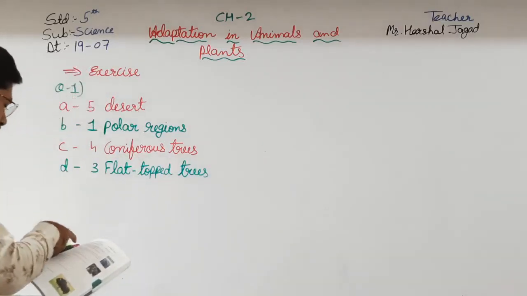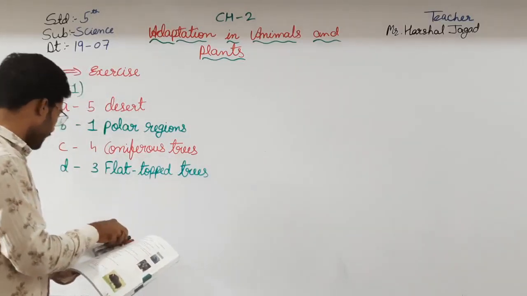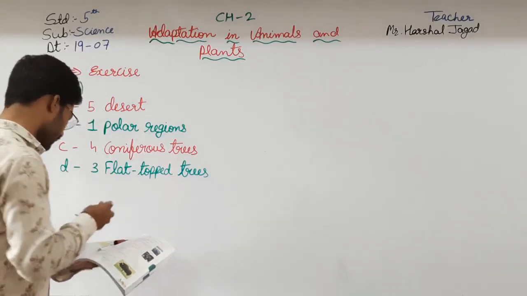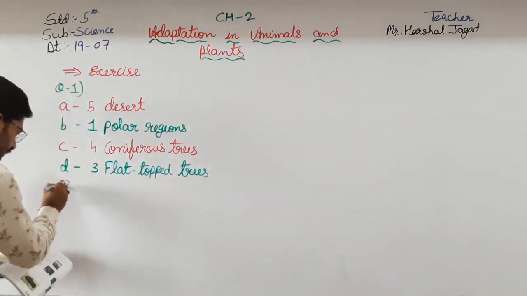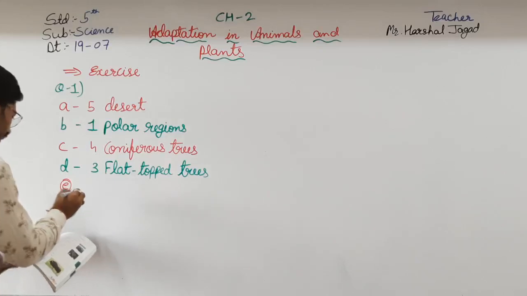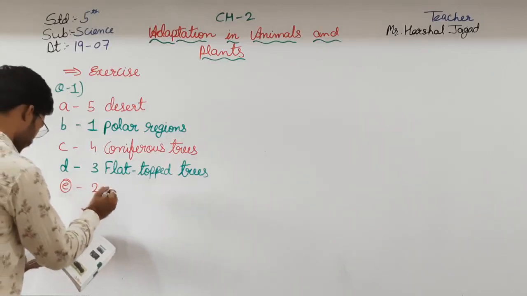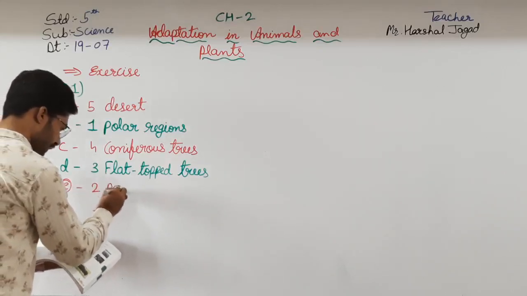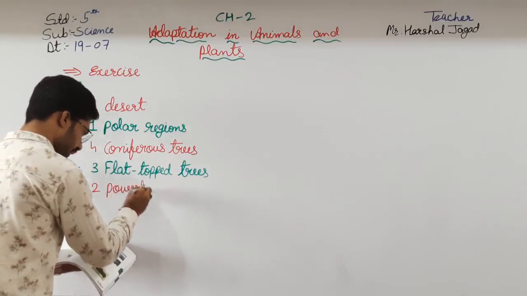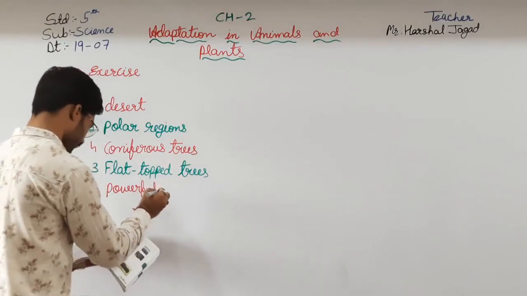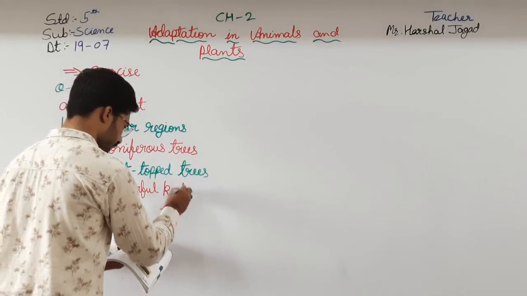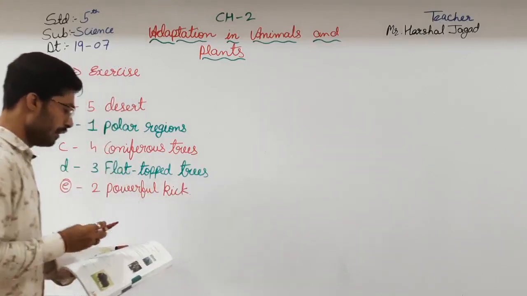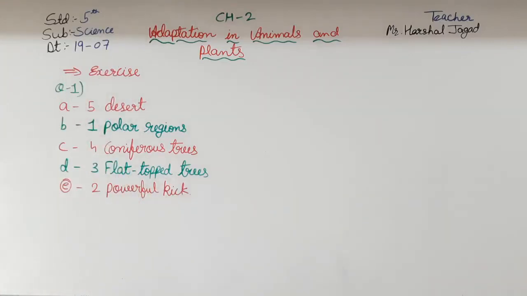Okay, then next, that is E, ostrich, that is second one, powerful kick. Okay students, so these are the answers, you just write down.